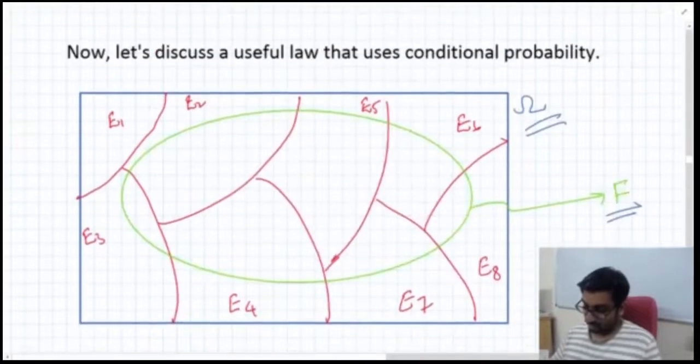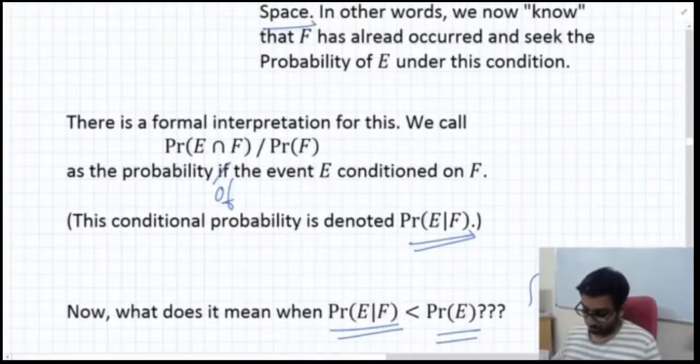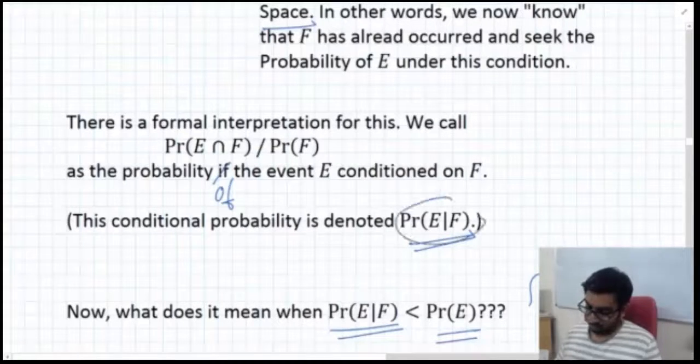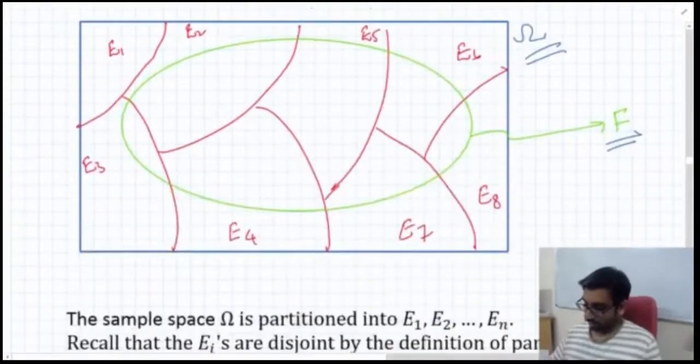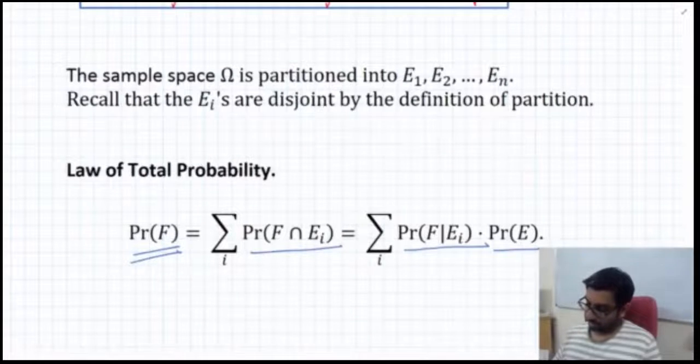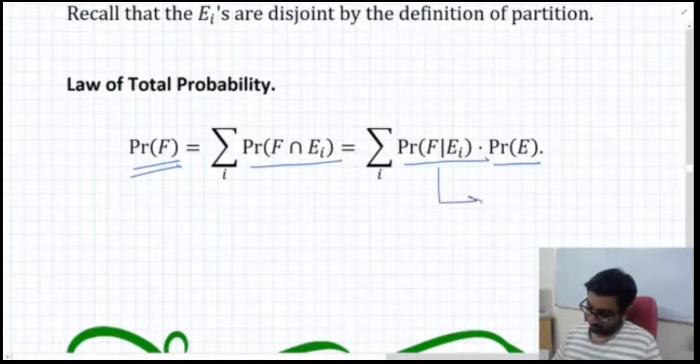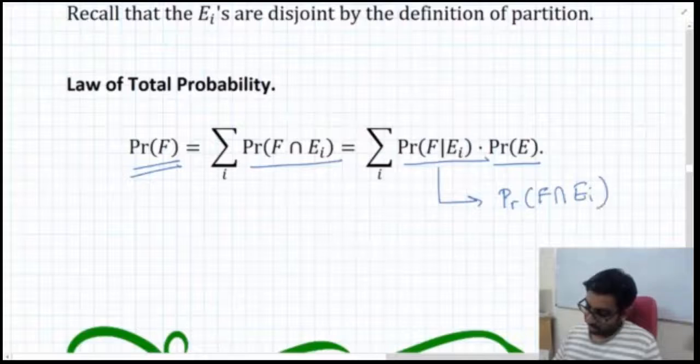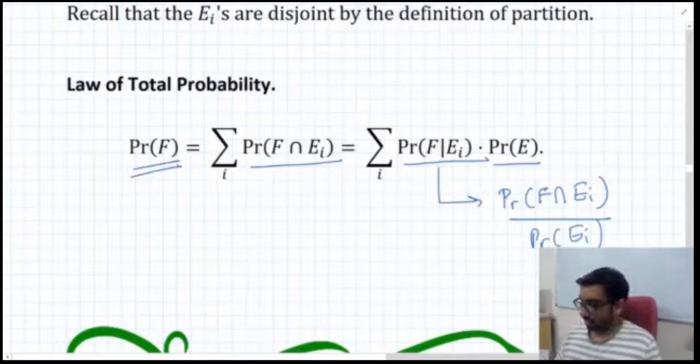Well, you may recall that the formula for the probability of E given F is the probability of E intersected with F divided by the probability of F. We're just going to apply that formula here, and so this one is the probability of F intersected with Ei divided by the probability of Ei, and just moving the probability of Ei over to the other side, we get what we need.